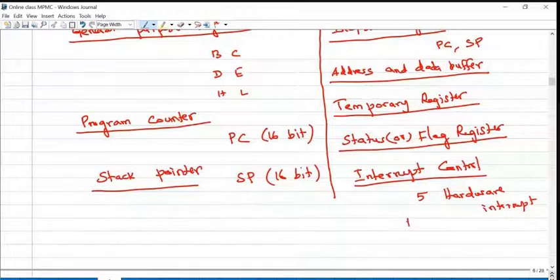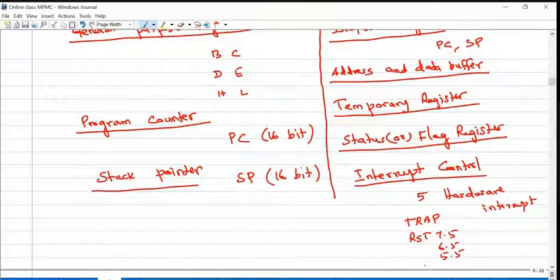The priority of the interrupts starts from TRAP, then RST 7.5, then RST 6.5, then RST 5.5, and finally INTR. Priority means that if more than one interrupt request is received by the microprocessor simultaneously, the processor will give priority to the TRAP interrupt first, and then RST 7.5, 6.5, 5.5, and INTR.